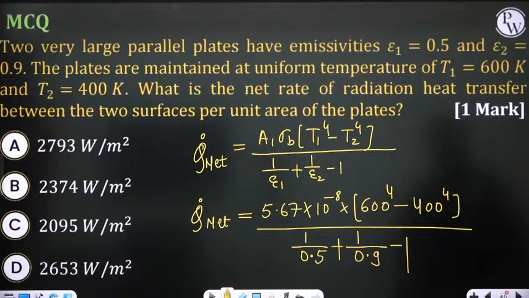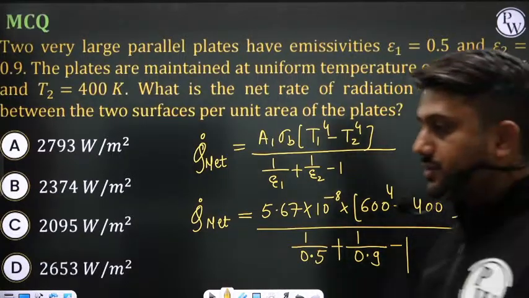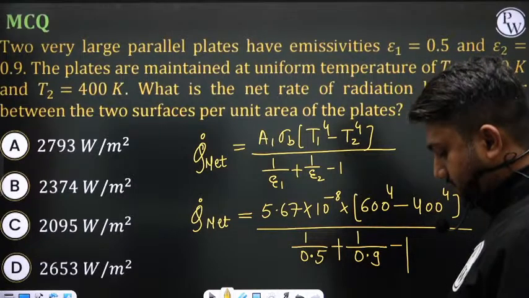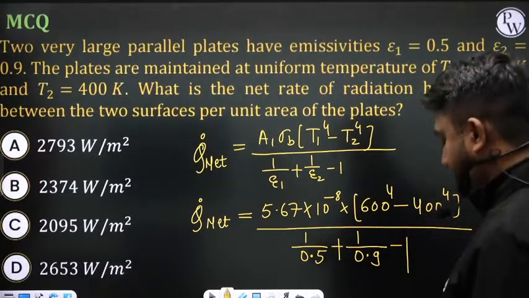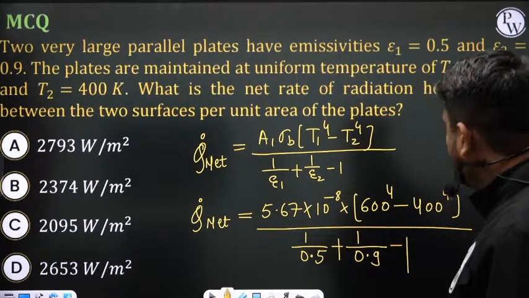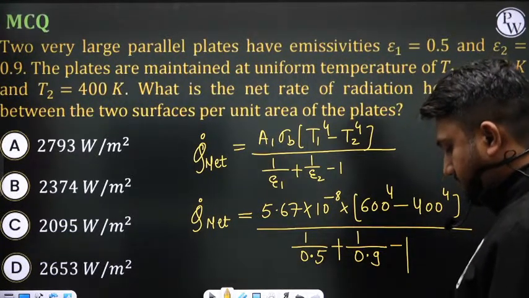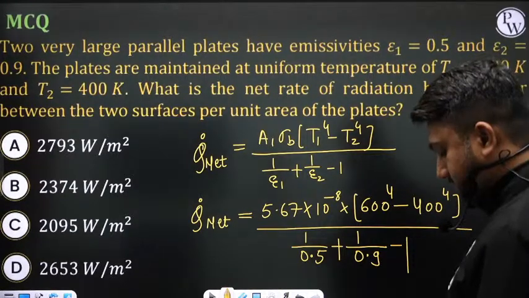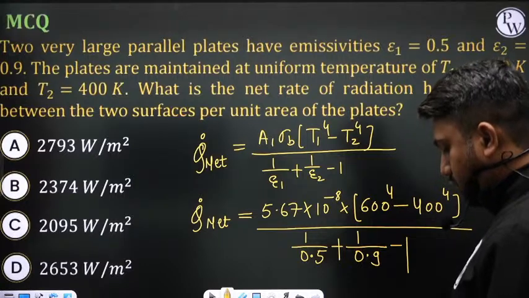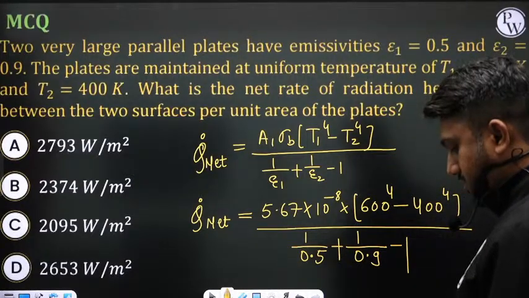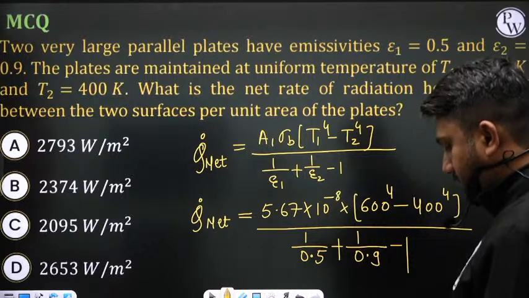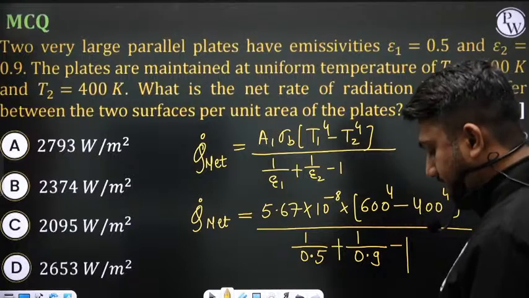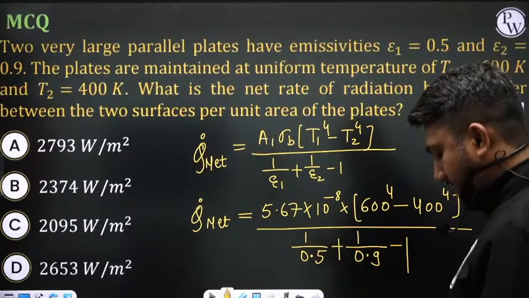Tell me what is the Q dot net. So this is 5.67 into 10 to the power minus 8 into (600 to the power 4 minus 400 to the power 4), and this is 1 upon 0.5 plus 1 upon 0.9 minus 1.